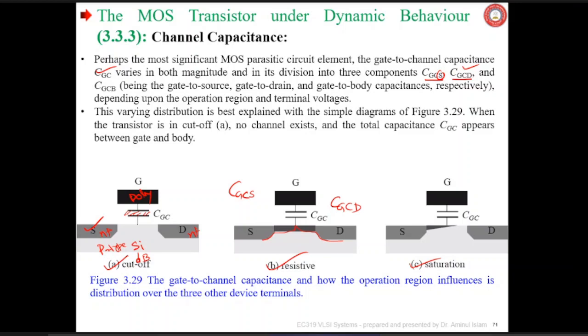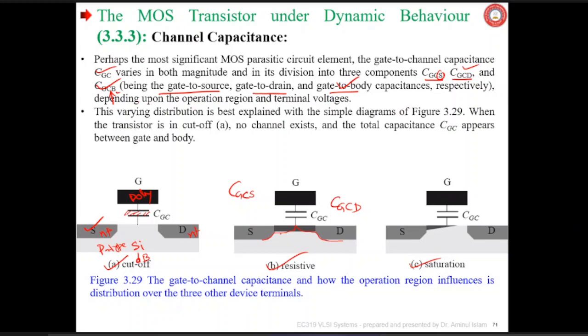go by any difficulties if you read different notation. And CGB, gate to body capacitance. We could say CGB only, but he is adding one term, channel, capacitance associated with body, you can think of.